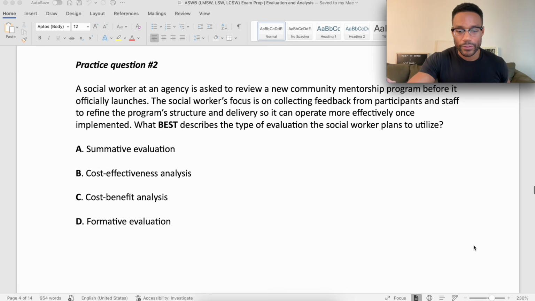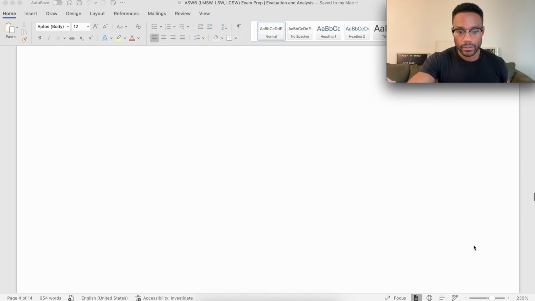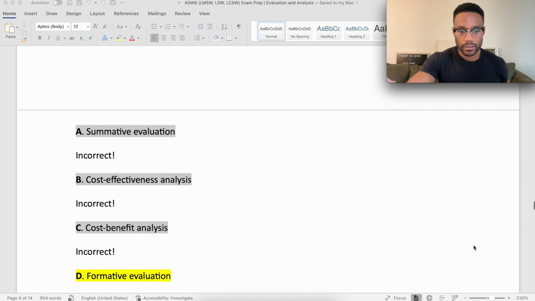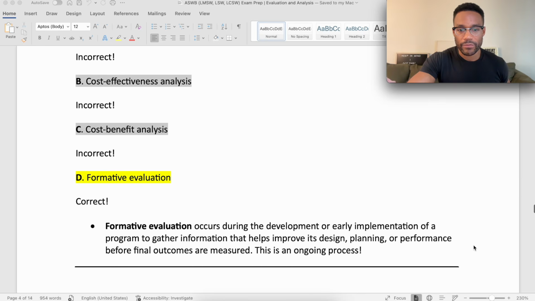Okay, if you picked D, formative evaluation, you are correct. Why? So, formative evaluation occurs during the development or early implementation of a program to gather information that helps improve its design, planning, or performance before final outcomes are measured.